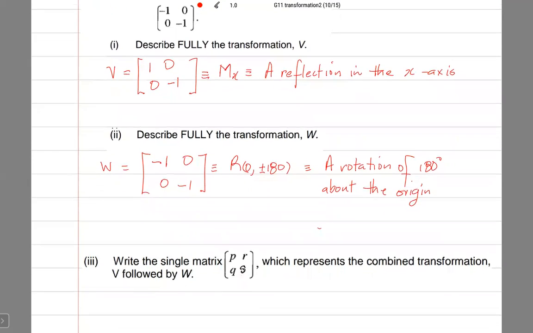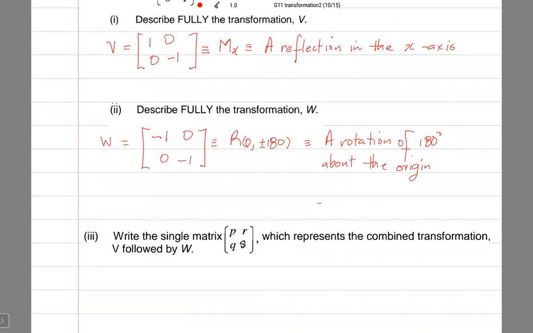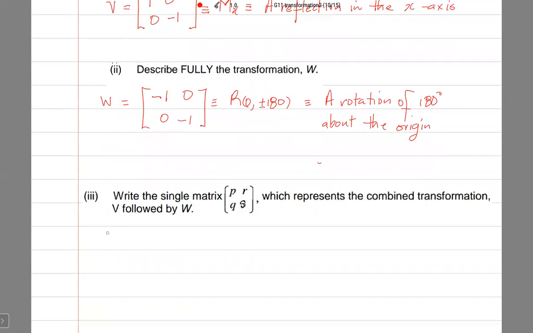So the next thing now is that we're asked to write the single matrix PQRS, which represents the combined transformation V followed by W. Now it is possible to get a single matrix that represents two transformations by multiplying the matrices that represent the two transformations.